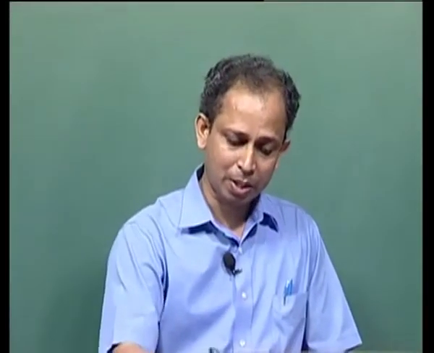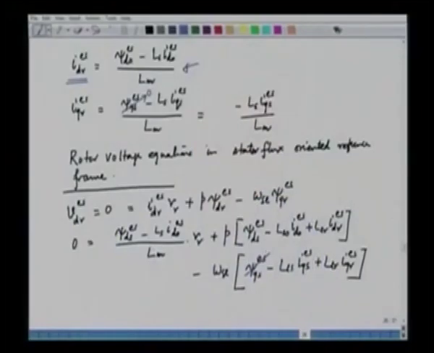What we can do in this case is that this quantity does not exist, so we can put that equal to 0, and we can substitute for IDR. IDR is not known, so IDR can be written from this equation, and then we have to substitute for IQR, and IQR is given by this expression.